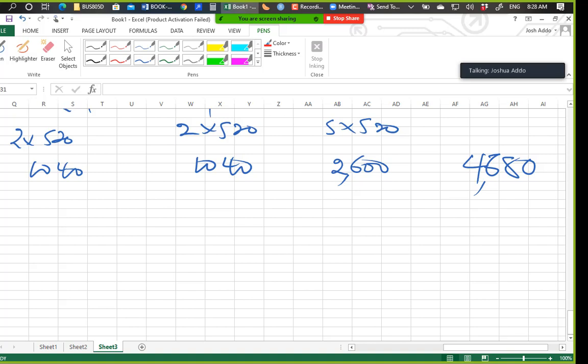So I will calculate my break-even total quantities for all the products, and then I will assemble them into their various categories.